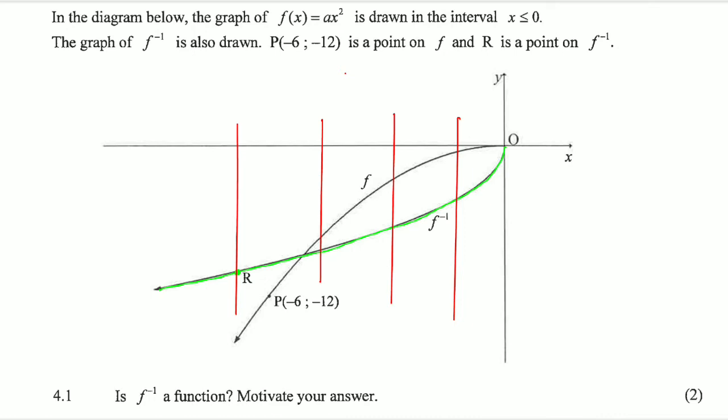If any vertical line passes through the graph more than once, then the graph is not a function, because this means that for each x value, there's more than one y value.